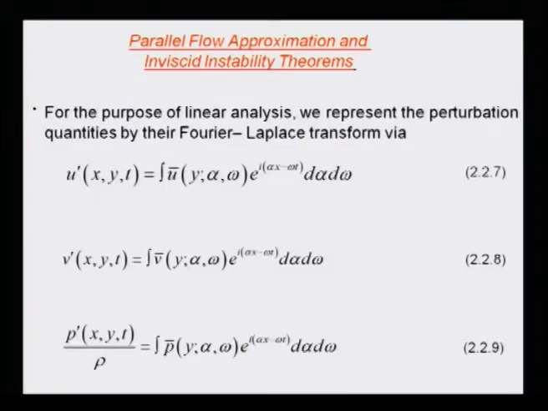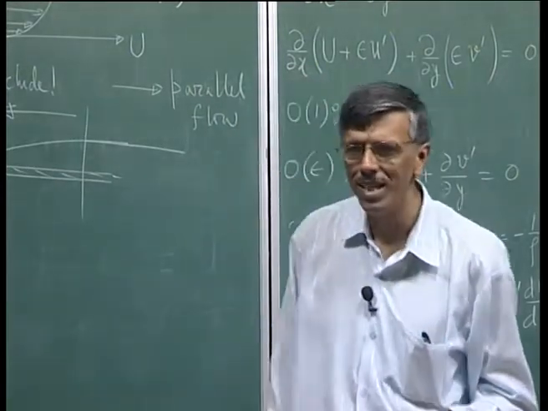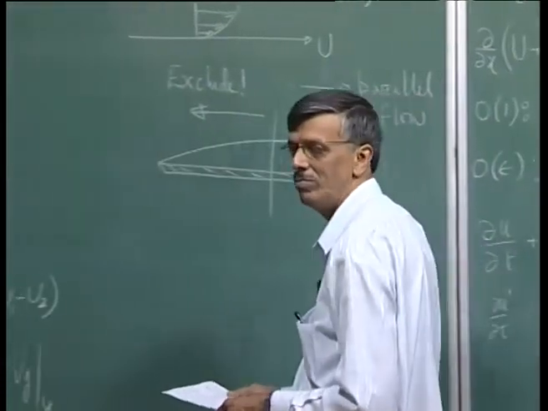Now what we are going to do is the same thing that we did in studying Kelvin-Helmholtz instability. We want to look for more accuracy and a little more tangible means of analyzing it. So, we represent these disturbance quantities in terms of their Fourier Laplace transform.